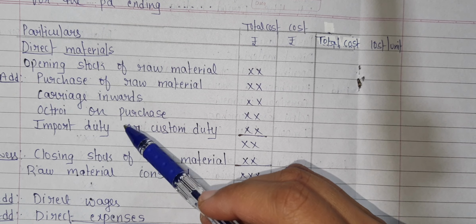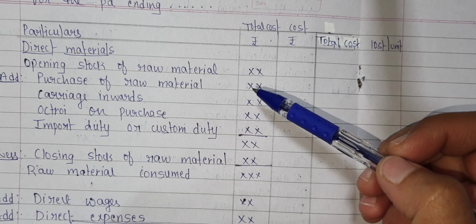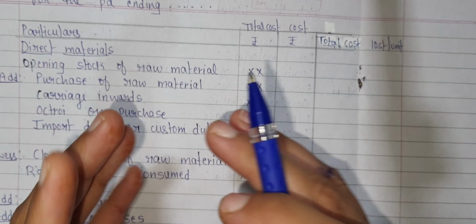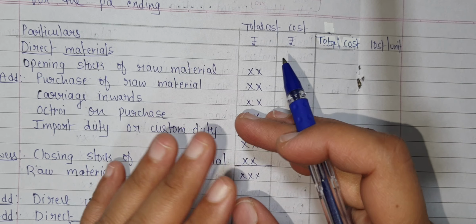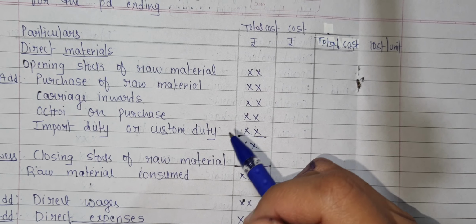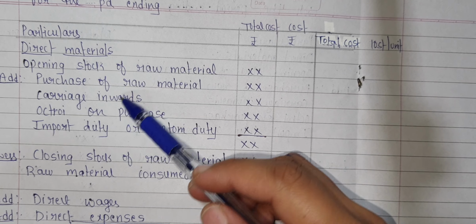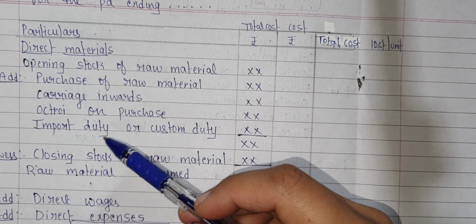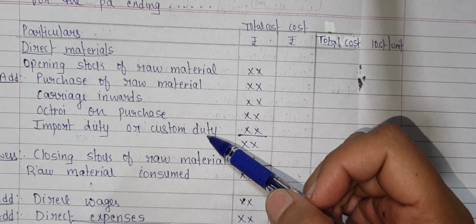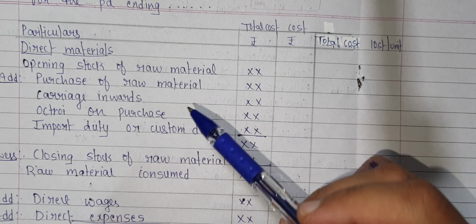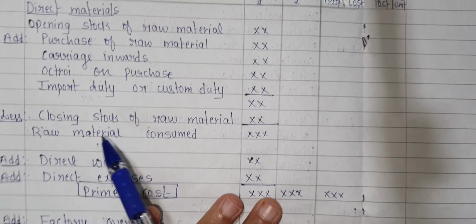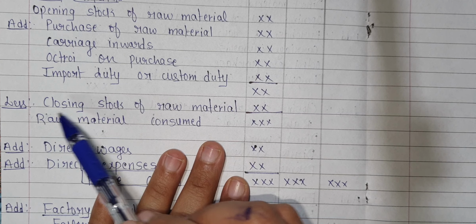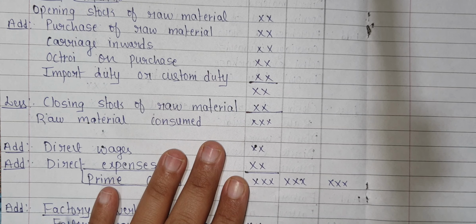And next one, import duty or custom duty. It is a tax imposed by the government on goods imported into the country. So, purchase of raw material, carriage inwards, octroi on purchase and import duty or custom duty, we need to add to the opening stock of raw materials. Next, we need to deduct closing stock of raw materials.